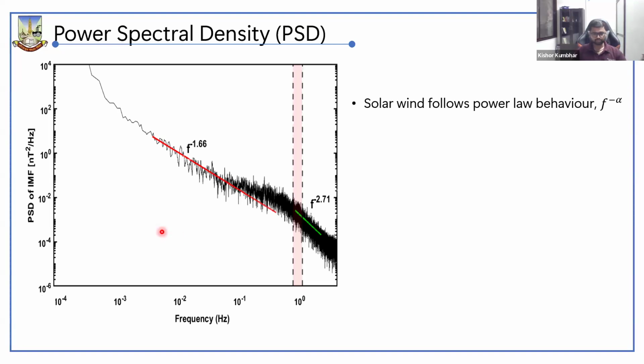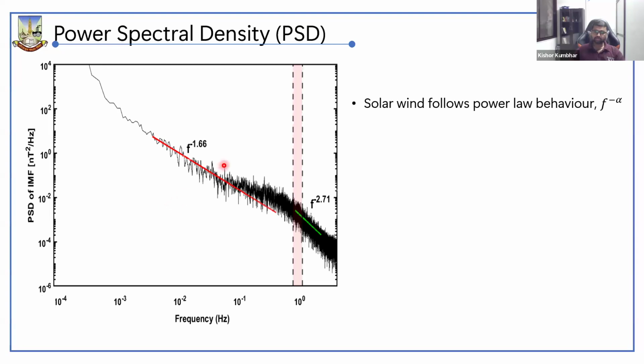The first region, at the lower frequencies, in which the energy is injected into the wave, is called the injection region, which has a spectral index of roughly f raised to minus 1. It is followed by a region called the inertial range, which has a spectral index of minus 5 by 3. Then the inertial range is followed by the dissipative range, which has a spectral index of minus 7 by 3.